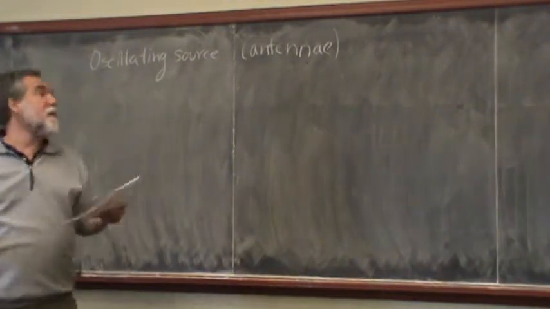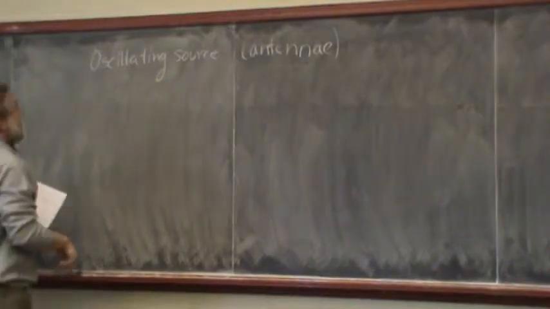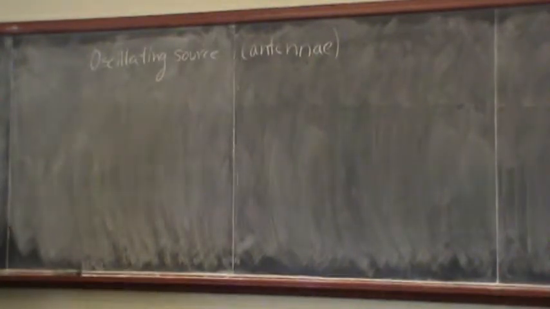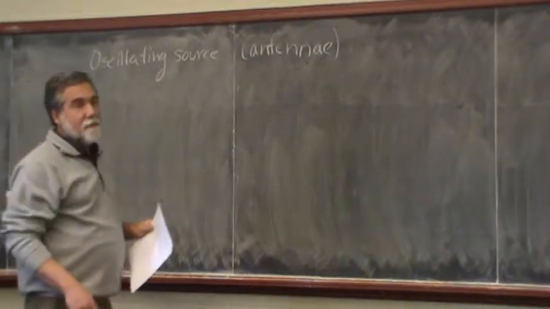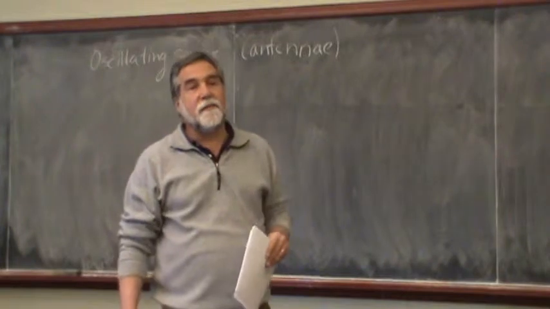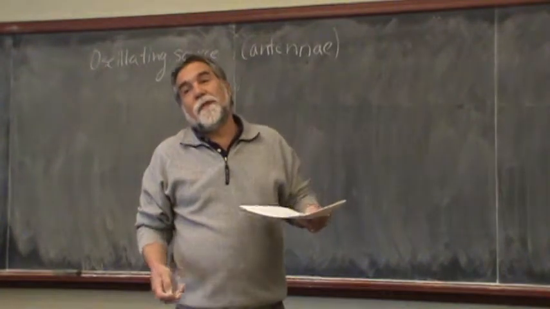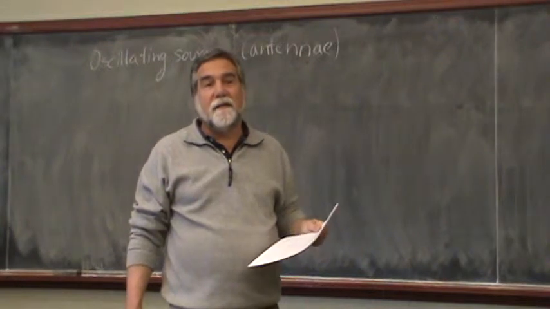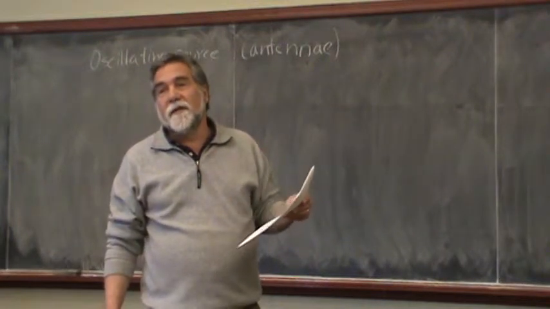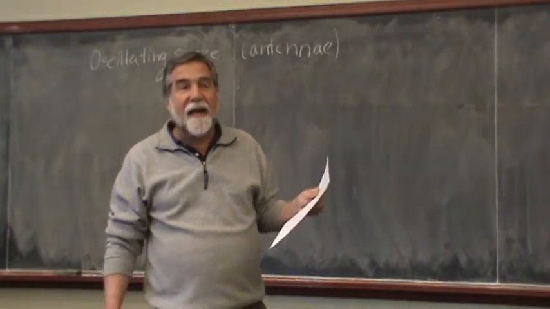Okay. An oscillating source and antennas as the example. But some of what I'm going to do is in an extreme limit where it really applies to emitting molecules and atoms.